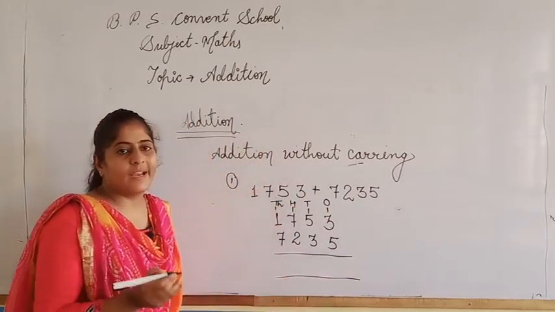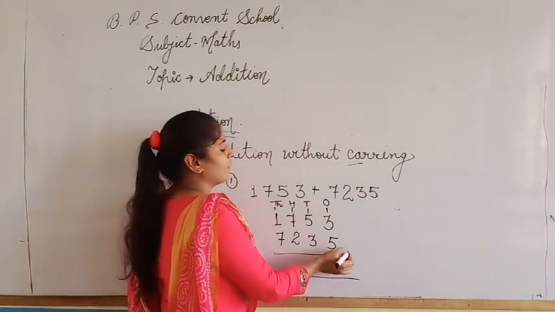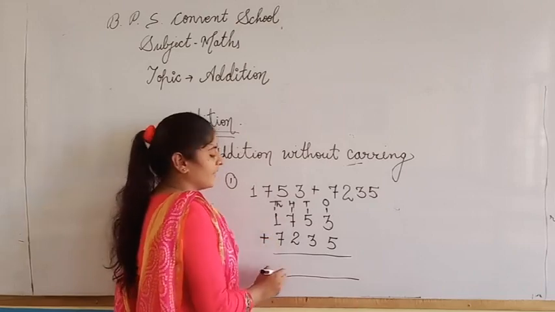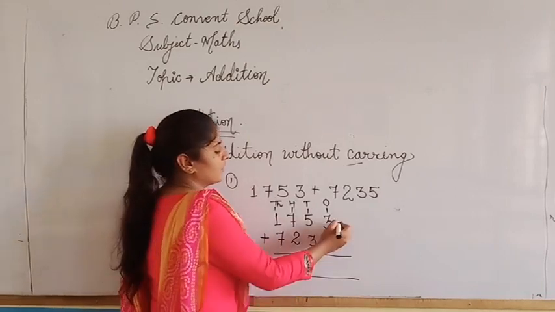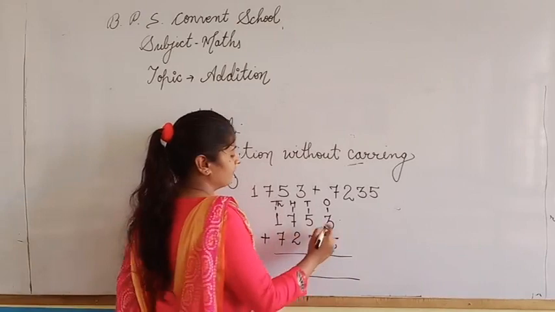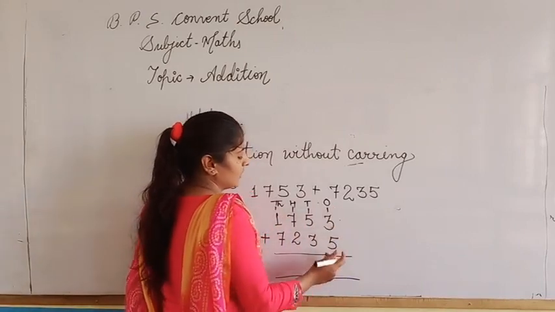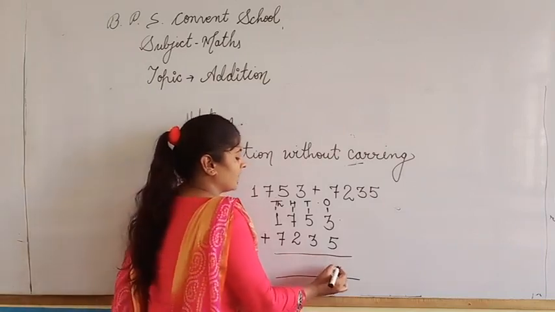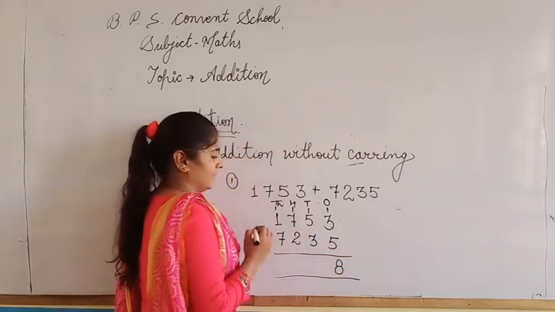And one important thing is always start addition from the right side. Don't start addition from the left side. It's a wrong method. Always start from the right side. First, ones column, 3 plus 5. 3 plus 5 is equal to 8.